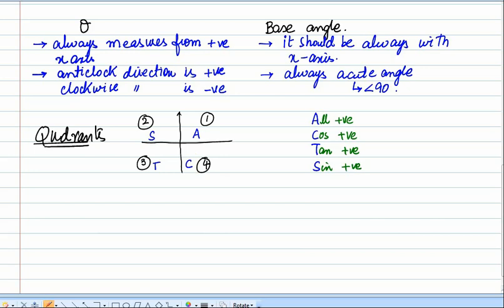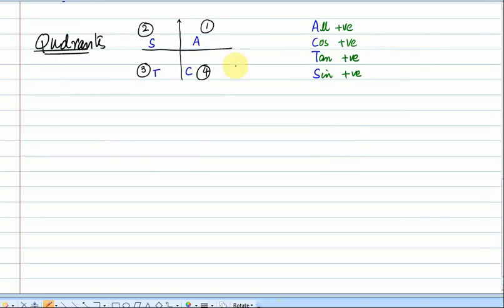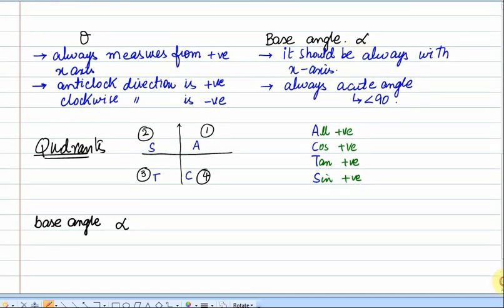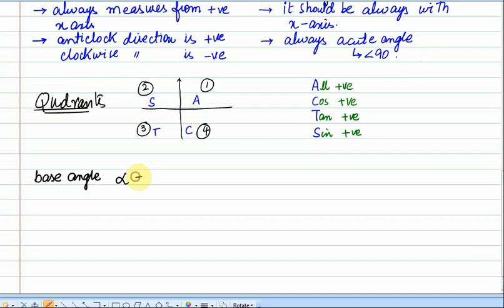Alright, now let's attempt some examples on the meaning of these quadrants and what alpha and theta are, what we had discussed above. Suppose that in a question I say the base angle, that is alpha, represented by the symbol alpha, this one, base angle alpha is equal to 30 degrees.